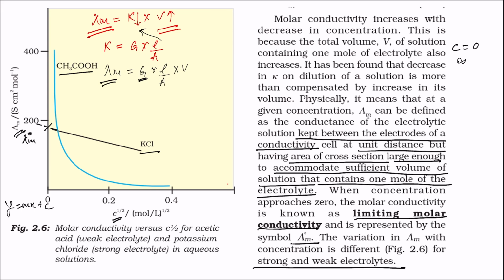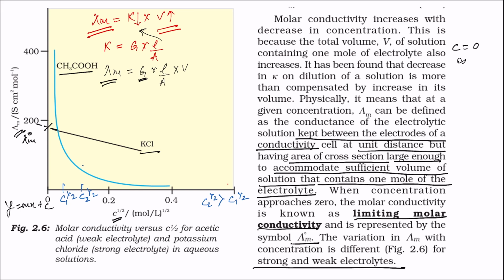One more piece of information that can be obtained from this graph: let this be concentration C2 raised to the power half and this concentration C1 raised to the power half. C2 is greater than C1. Therefore, going from C2 to C1, the concentration of electrolyte in the solution is decreasing, or dilution is increasing.